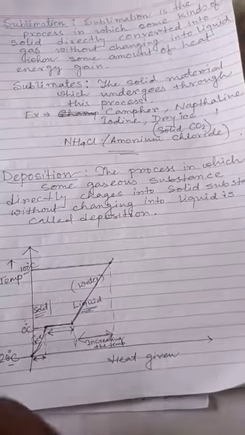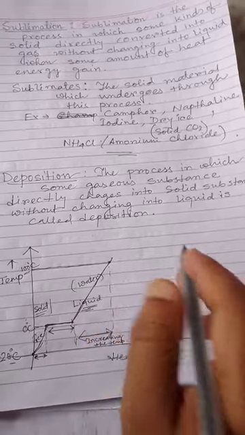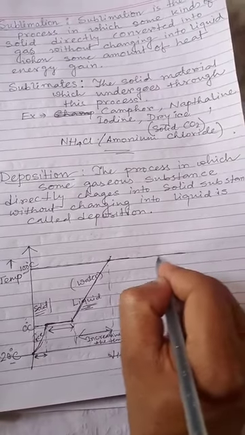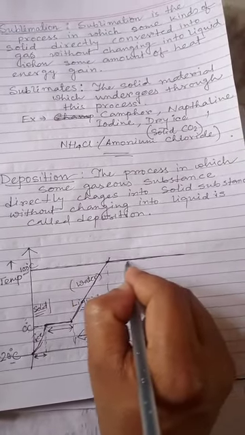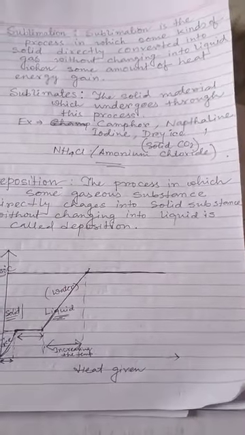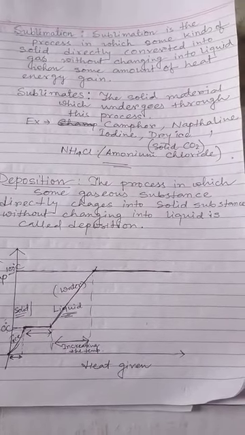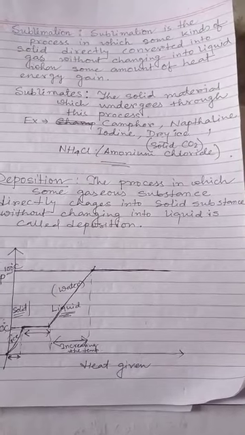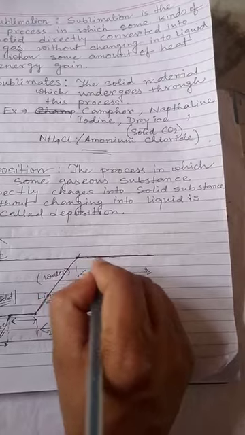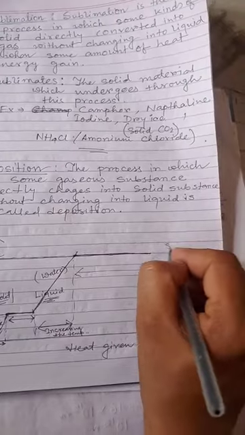Now when it reaches 100 degrees centigrade, this liquid, the water, cannot increase its temperature by gaining more heat. It gains a sufficient amount of heat, conserves it, and utilizes it for overcoming the force of attraction, so every molecule becomes free and gets converted into steam.